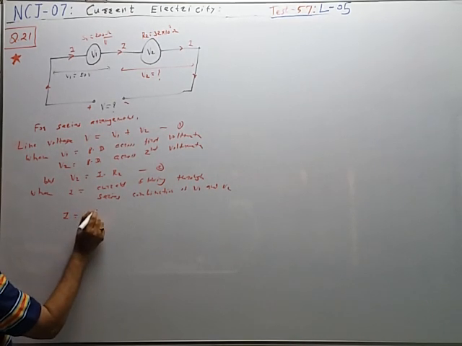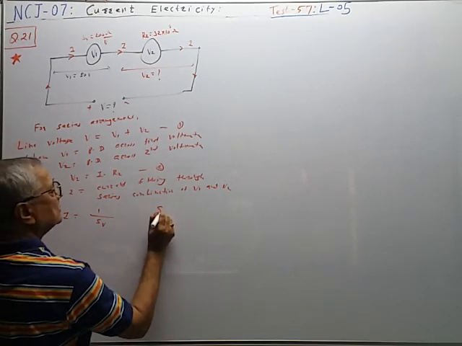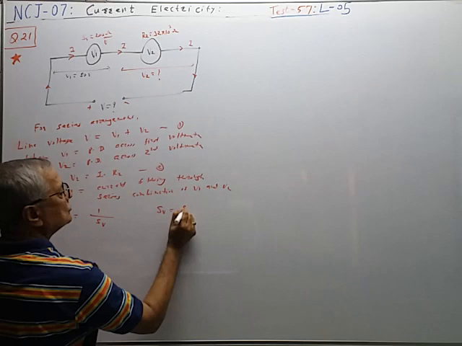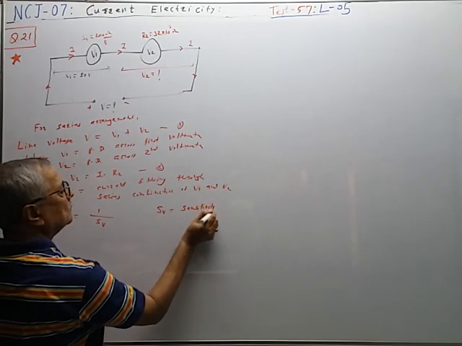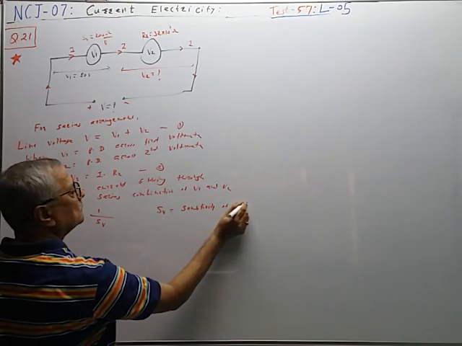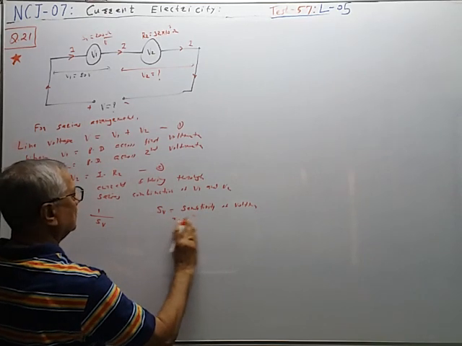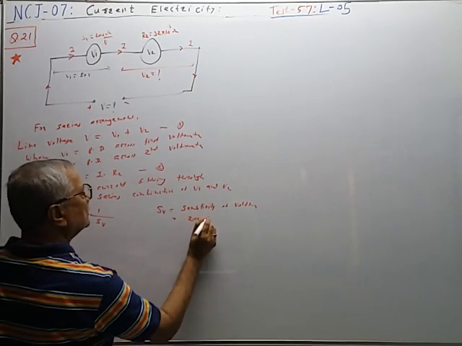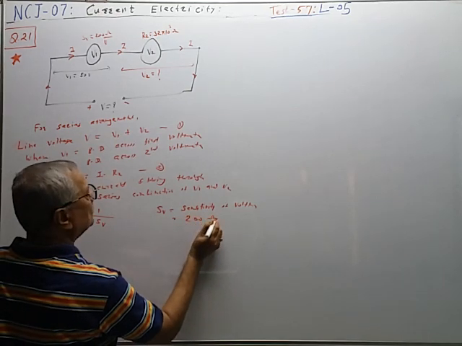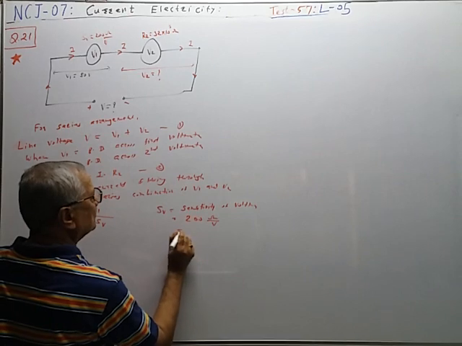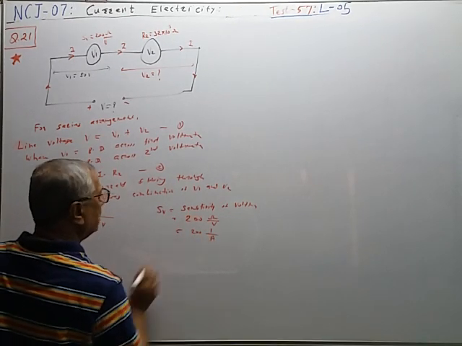Therefore, I is equal to 1 upon SP. SP is equal to sensitivity of voltmeter is equal to 200 ohm per volt, that is equal to 200 1 upon ampere.